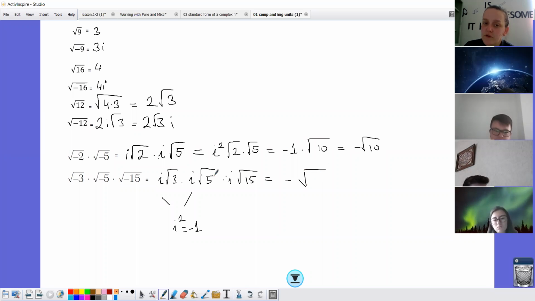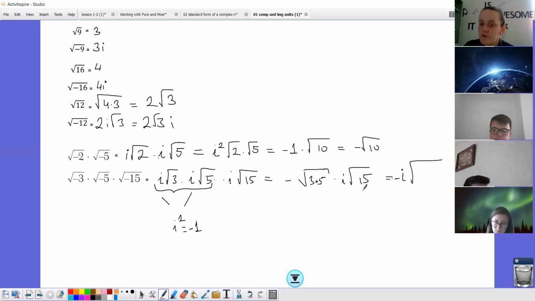Minus root of 3 times 5, that is 15. Look, I worked only with these two until here. Now what I have is minus 1, and here I have root of 15 times root of 15.